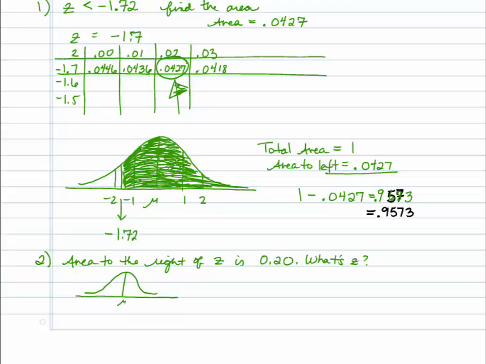The only problem is that my chart is telling me only what's to the left. So if it's 0.20 to the right, it must be 0.80 to the left.